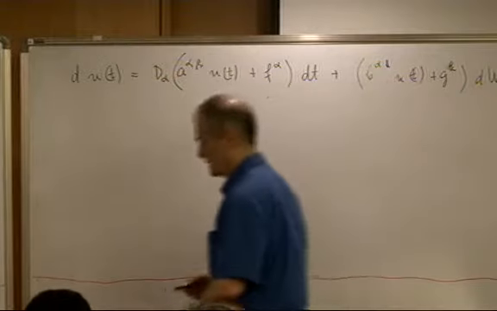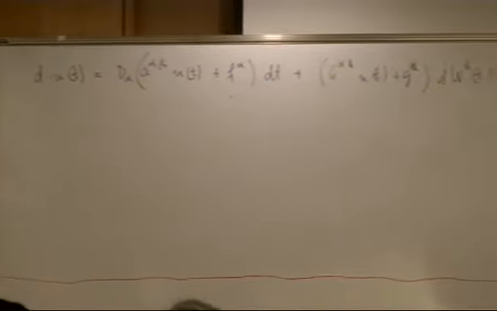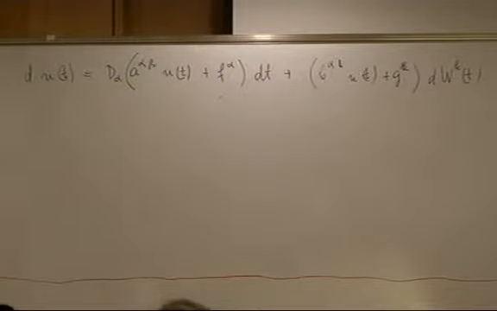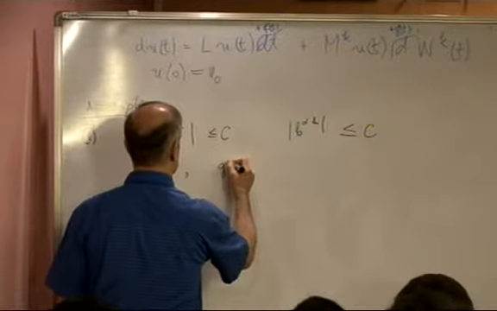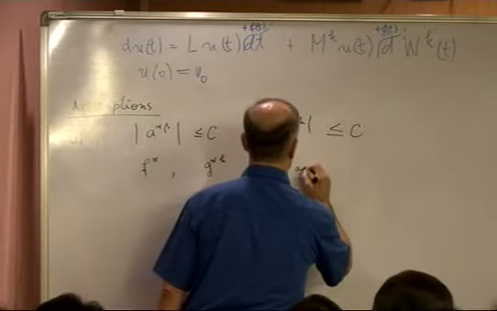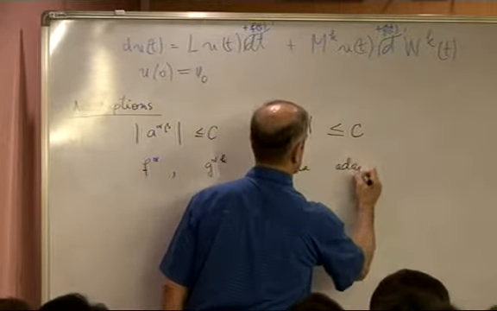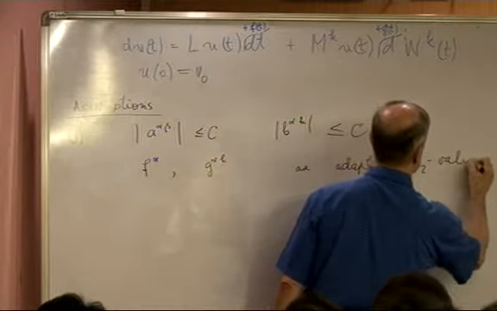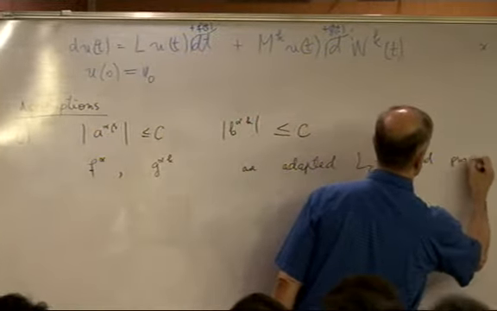So this is our equation, and for the free terms, f^alpha and g^k are adapted L2-valued processes.